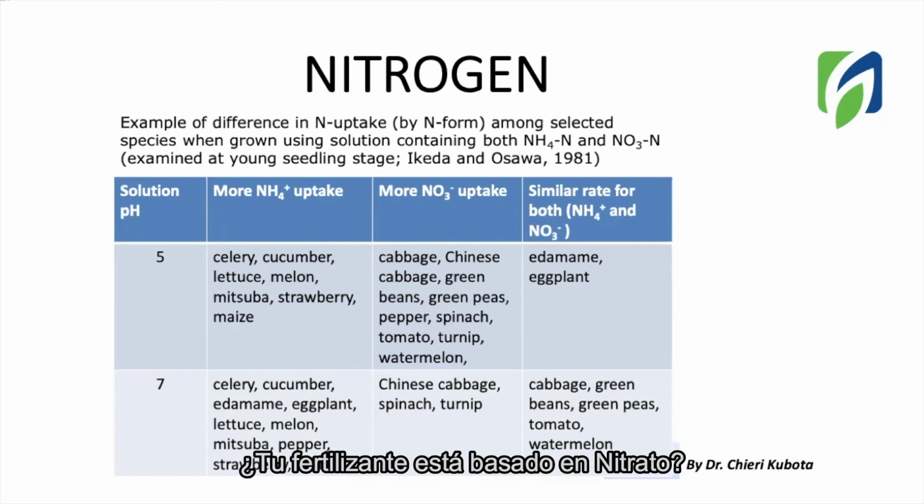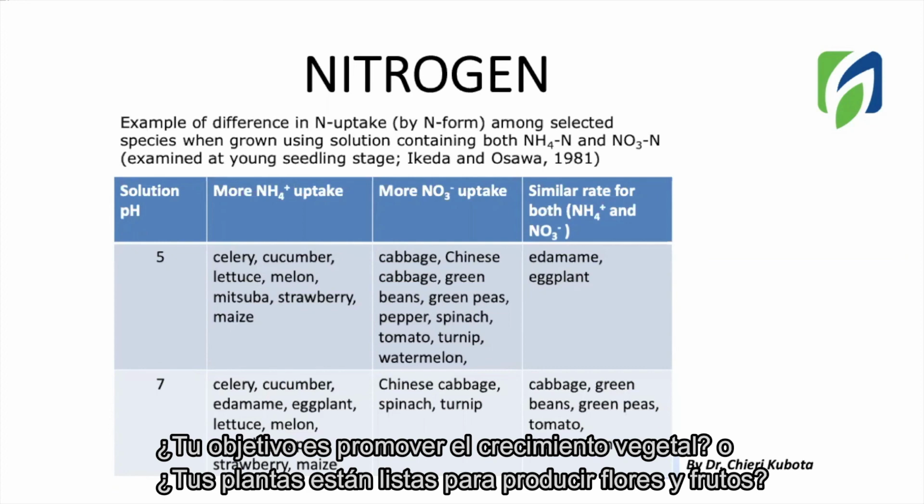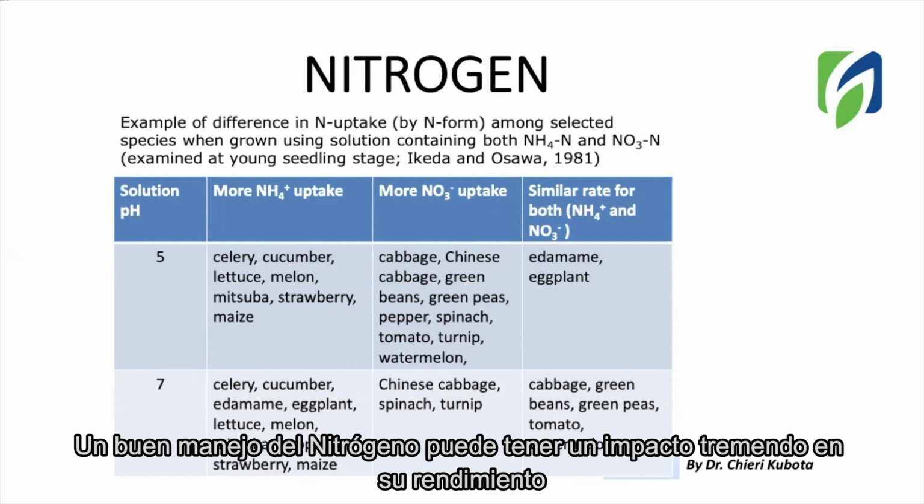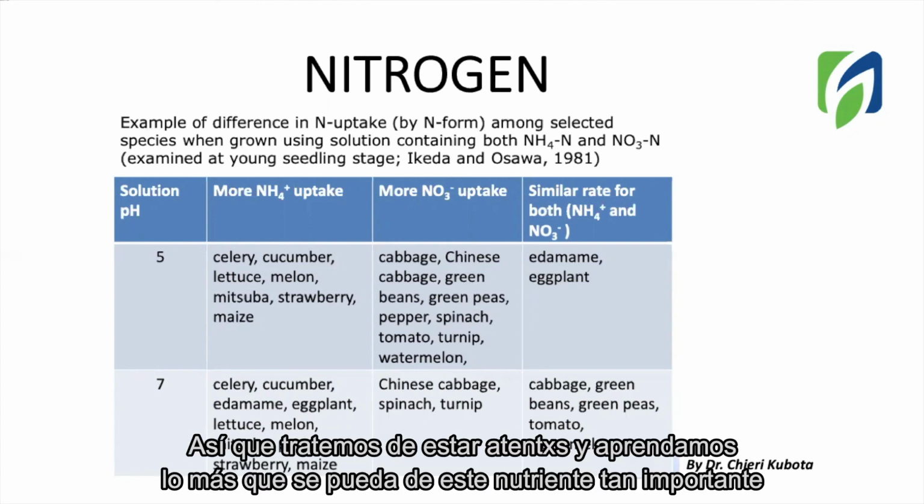Is your fertilizer based on nitrate or ammonium or both? Is your objective to promote vegetative growth or are your plants ready to develop flowers and fruit? A good nitrogen management can have a huge impact on your yield. So let's try to keep an eye and learn as much as you can from this important nutrient.